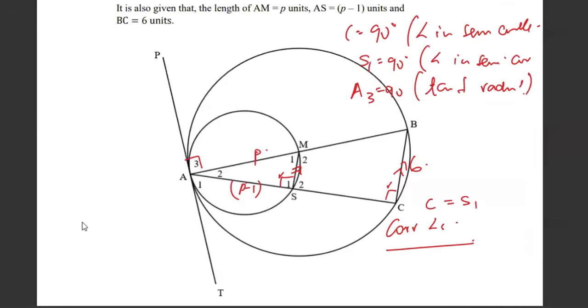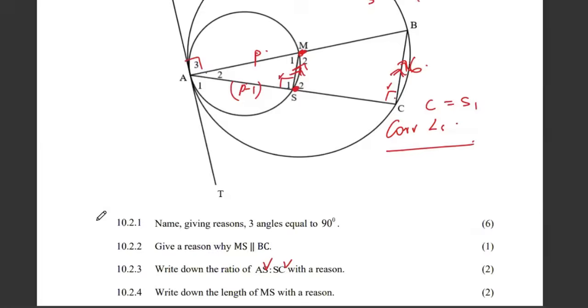And then write down the ratio of AS to SC with the reason. AS to SC. Now, if these lines are parallel, okay, and we know that M is the center of the big circle, automatically S must also be a midpoint of this. So we're going to use what we call the midpoint theorem. So the ratio is going to be AS over SC is the same as 1 over 1.